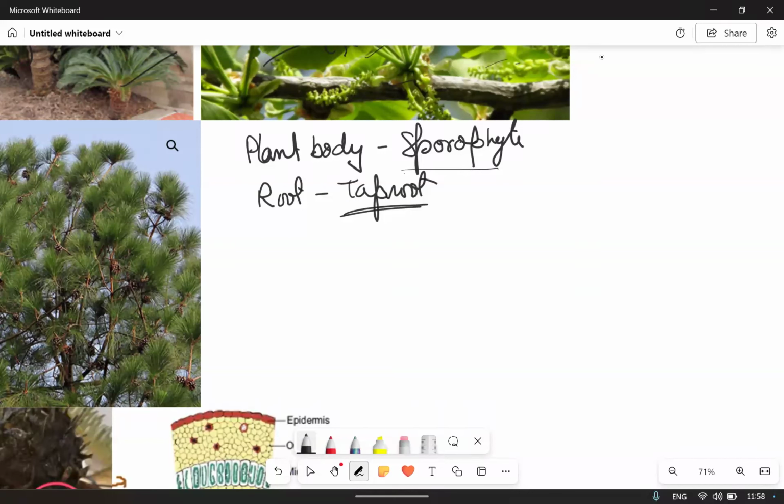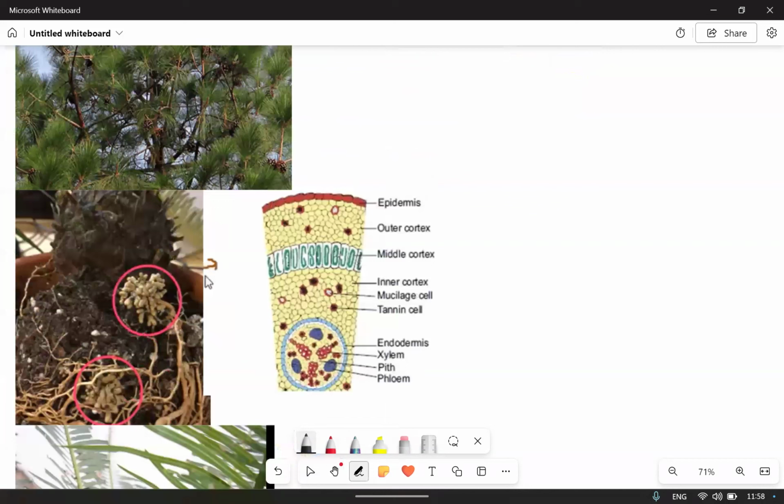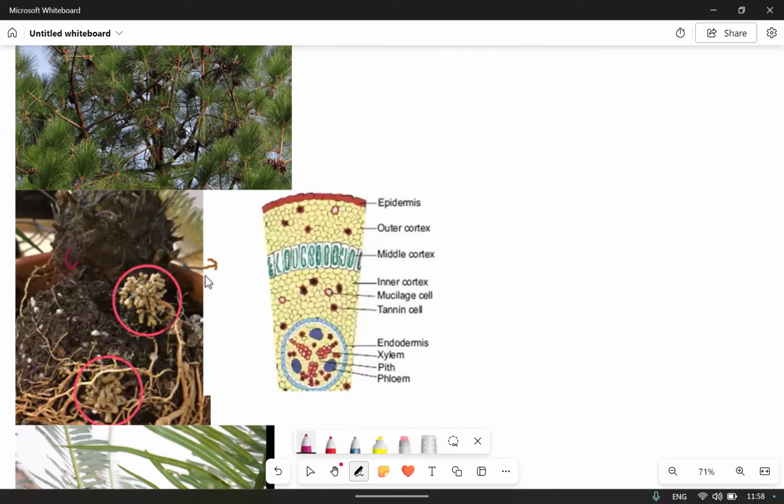In the middle cortex of the general cortex, you can see the coralloid roots. Look here. These are the coralloid roots. Coral-like.